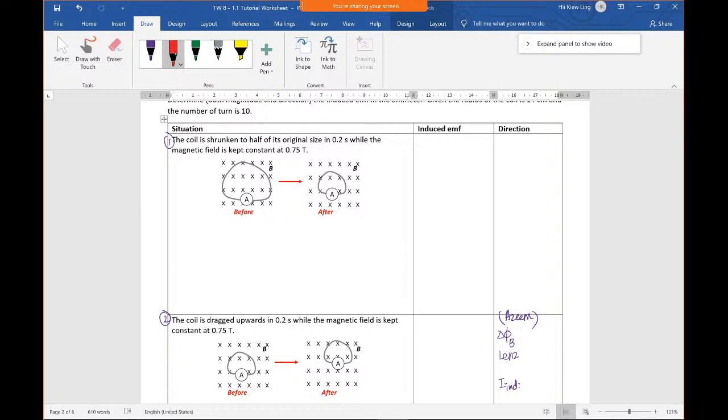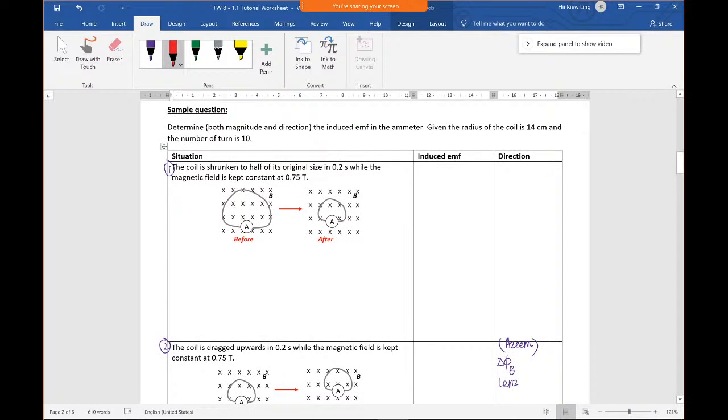So the coil is shrunken to half of its original size in 0.2 seconds, while the magnetic field is kept constant at 0.75. Okay, so the original area is given by, the radius is 14 centimeters, so area is pi times r squared. So you get 0.0616 meter square for the original area.